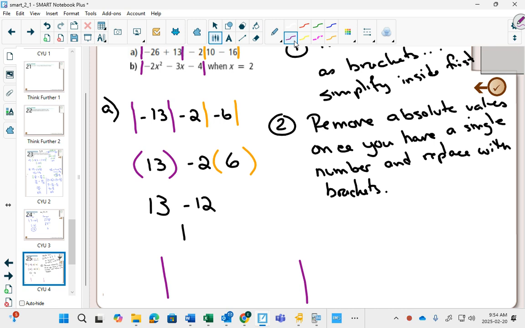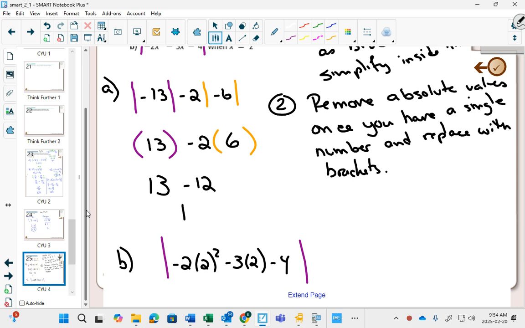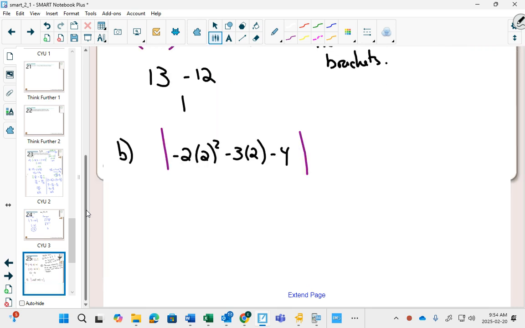We're replacing the x with a 2, so that's going to be negative 2 times 2 squared, minus 3 times 2, minus 4. Again, we can't change those negatives to positives because we first need to simplify.